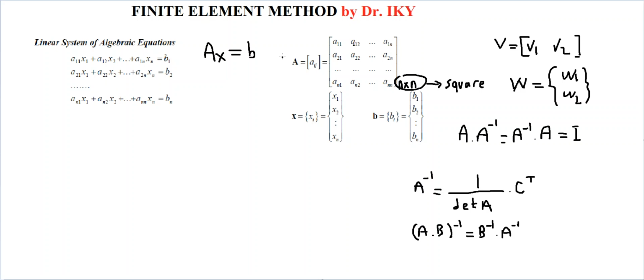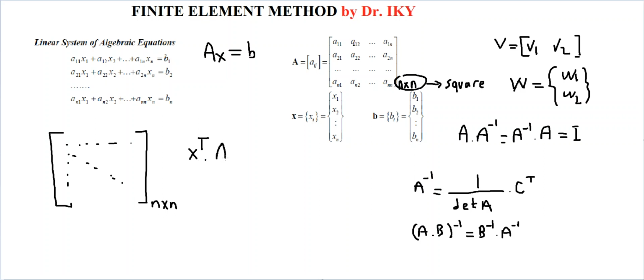We have a square n times n matrix A, and we can say that it is positive definite if, for any non-zero vector x of dimension n, x to the power t, which means the transpose, multiplied by A x is bigger than 0.